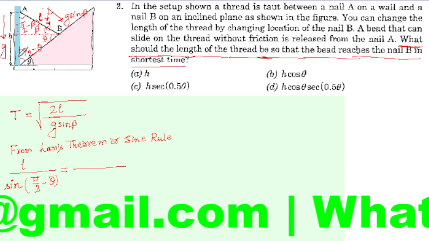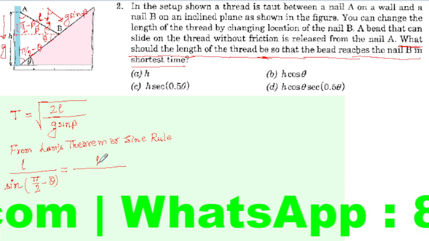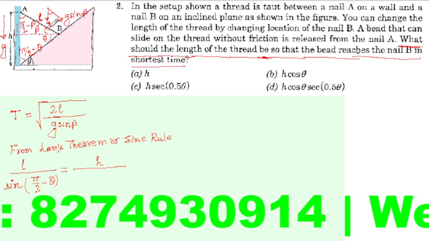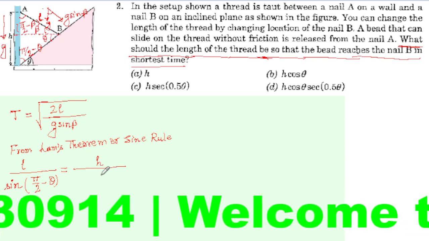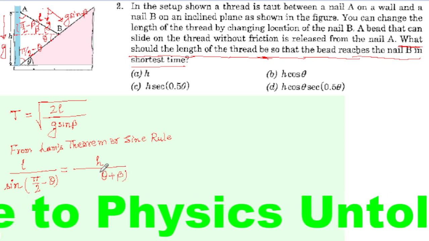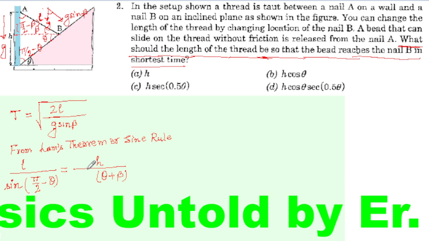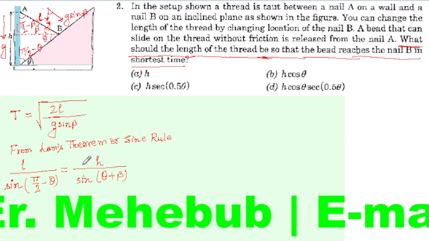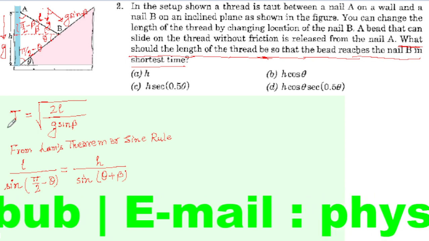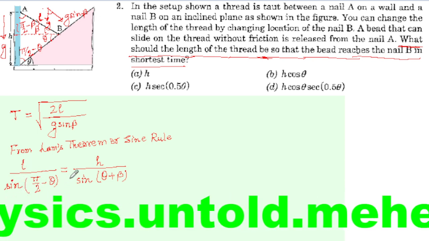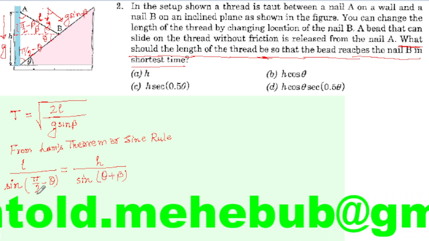Now let the another side be h. The opposite angle of h from the diagram is theta plus beta. Therefore the ratio is h divided by sine of theta plus beta. So the sine rule gives L divided by sine of pi by 2 minus theta equal to h divided by sine of theta plus beta.